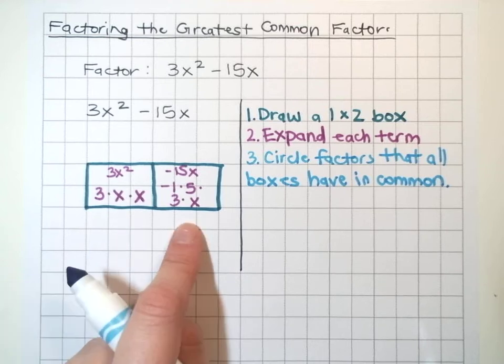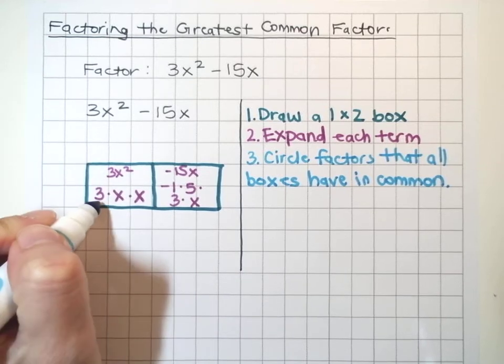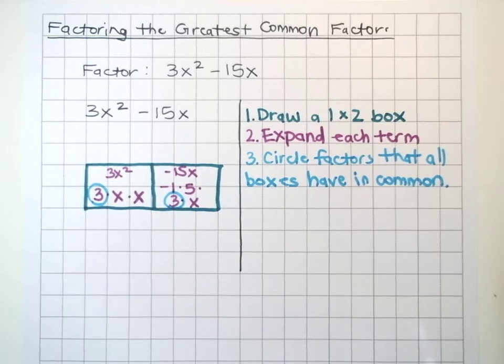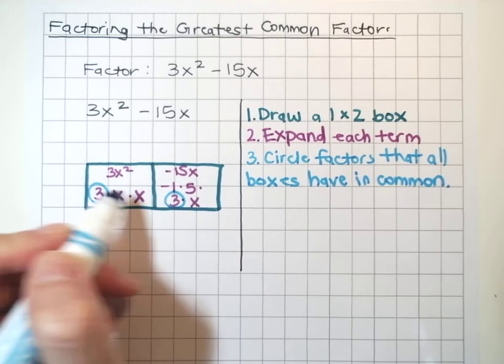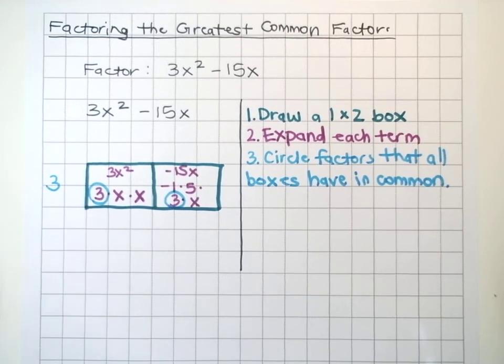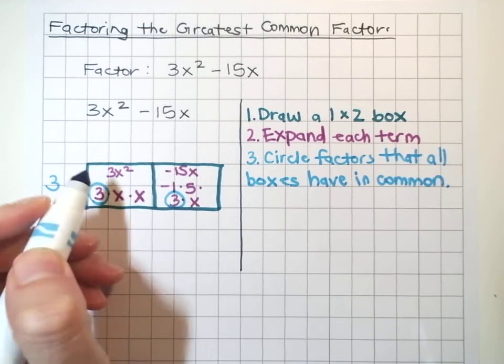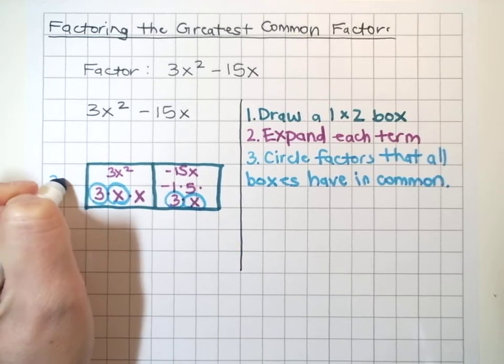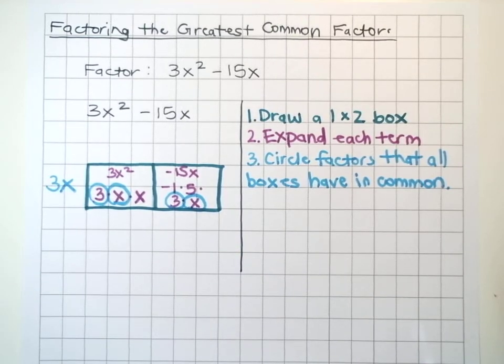As long as it's in both boxes, we can circle it, like the 3, because this box has a 3 and this box has a 3. And if it's in both boxes, that means it gets to come outside. Is there anything else that's in both boxes? Yes, an x and an x. So 3 and x can come out. So 3x is going to go on that side.